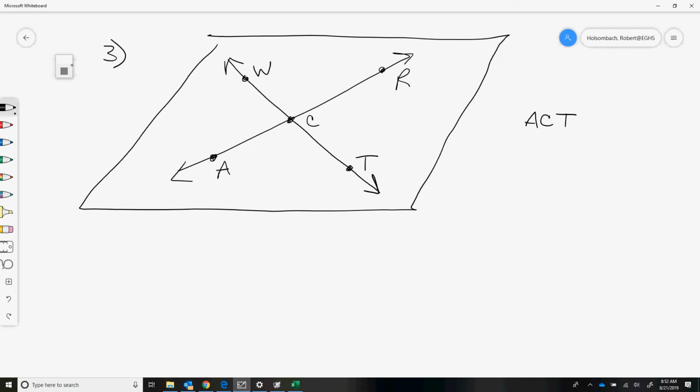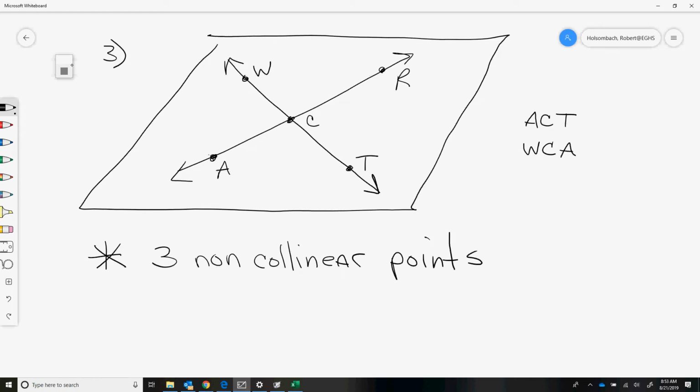You can call it plane WCA. You just can't use 3 points that are on the same line. All right? So maybe put a note on your paper. 3 non-collinear points. And highlight it, star it, whatever you got to do.